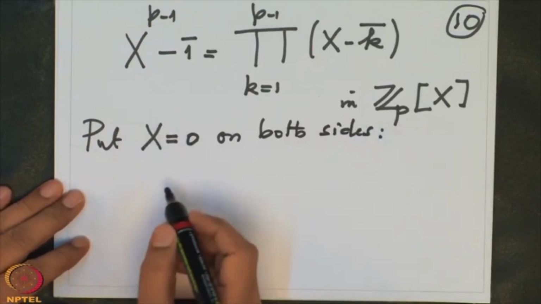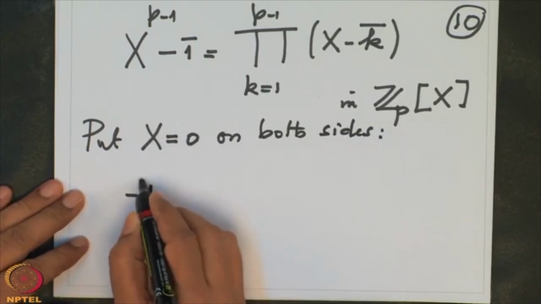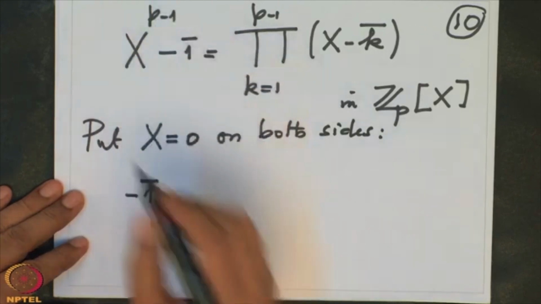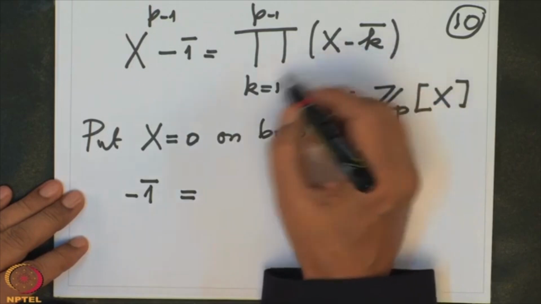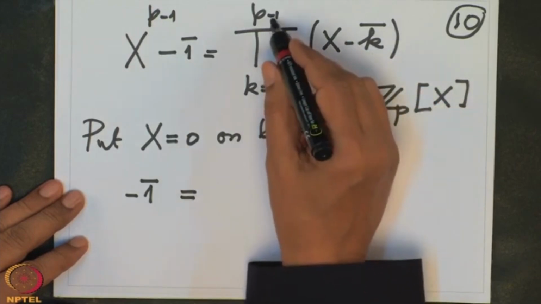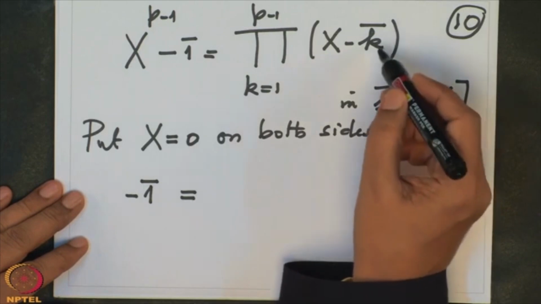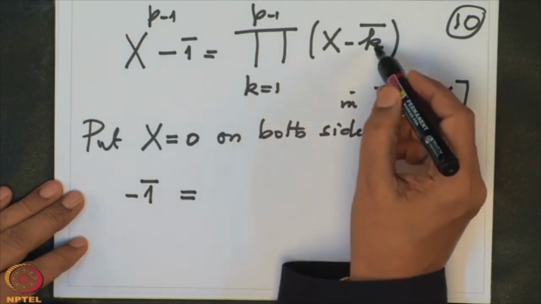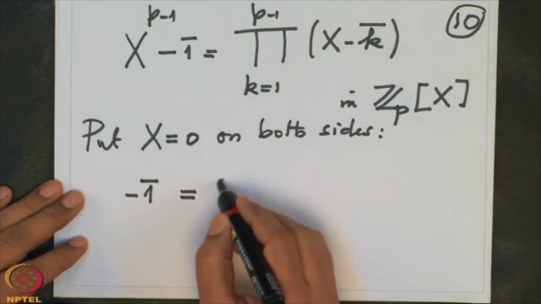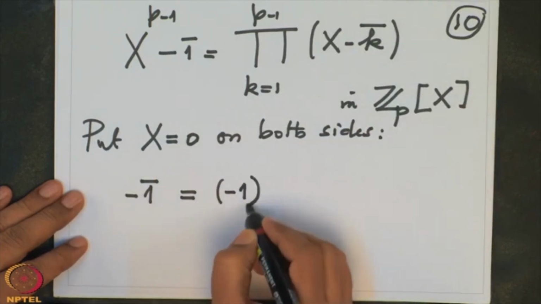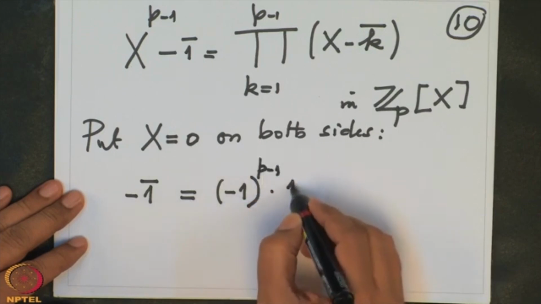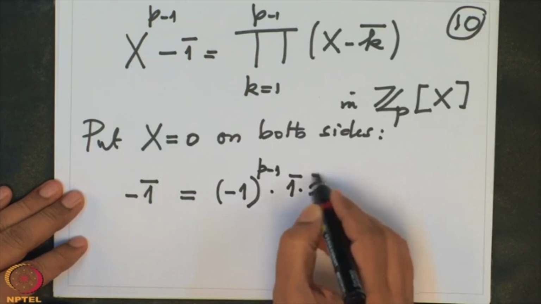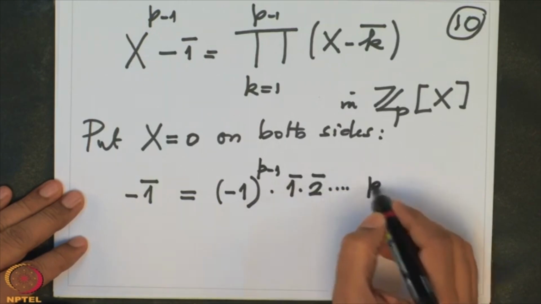We get minus 1 bar, because x is 0 I am putting, equal to minus sign p minus 1 times, and the product of this. So what do we get? Minus 1 power p minus 1 times 1 bar, 2 bar, etc., up to p minus 1 bar.